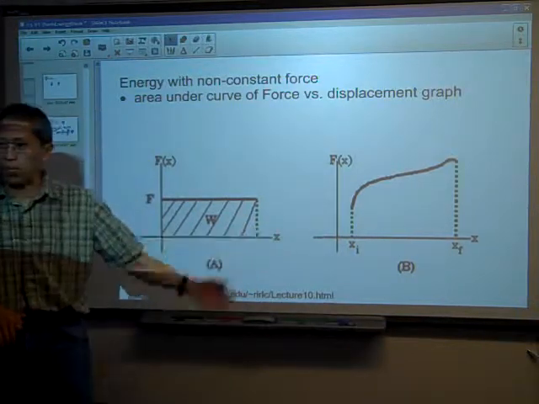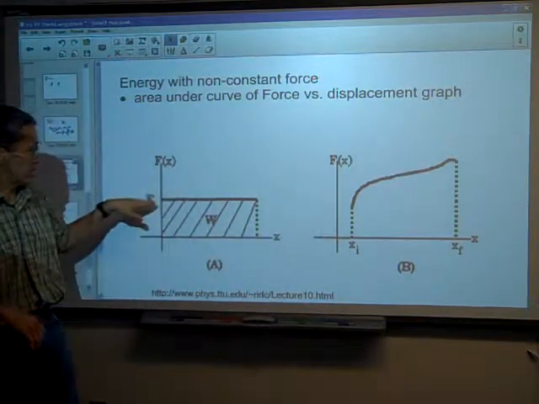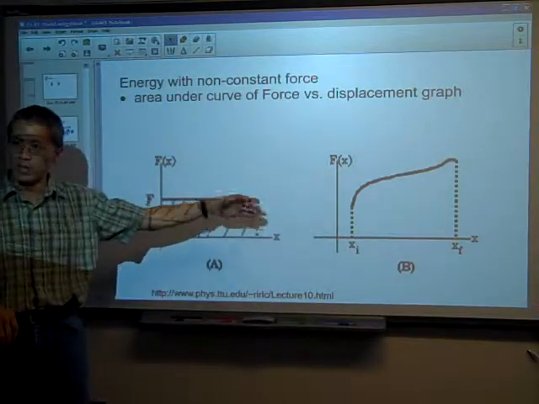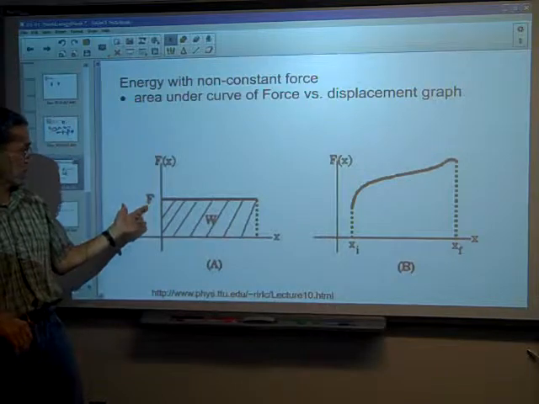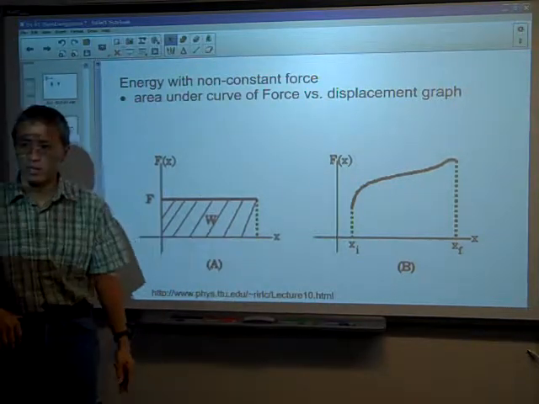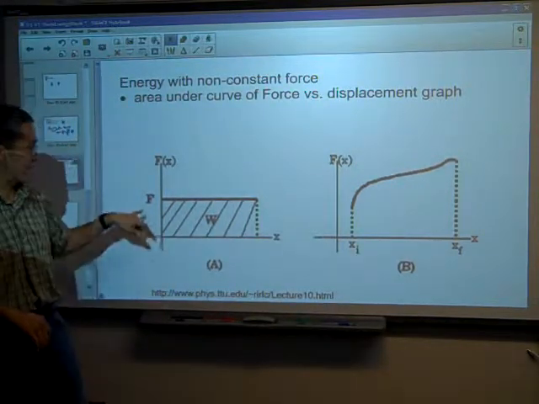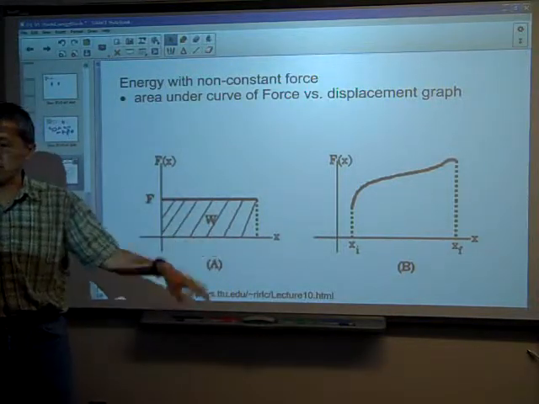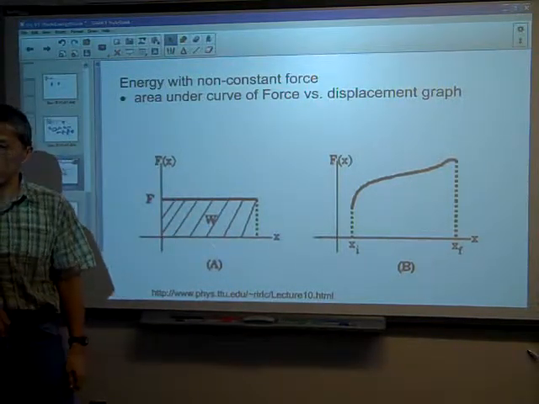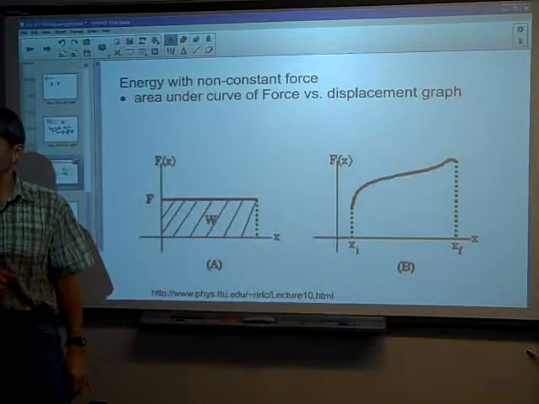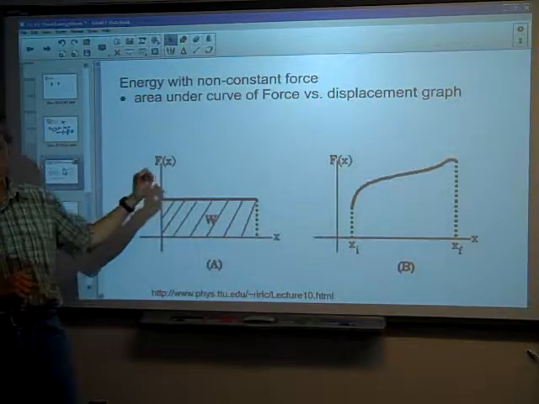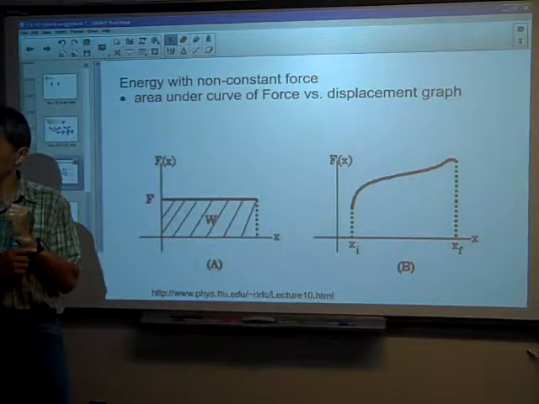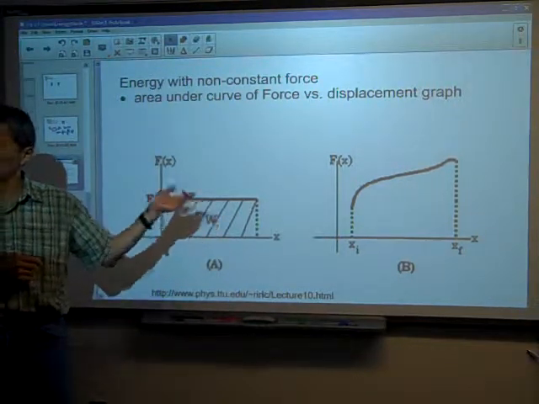That's a useful thing about calculus. If I have just a constant force, notice it's just the area under that curve also, but it's a rectangle. And this is our force times our distance. And this has to be, of course, the force that's parallel to our displacement. If the force isn't parallel to our displacement, then we have to use that other equation with the cosine in there, right? We'll come back to that later.